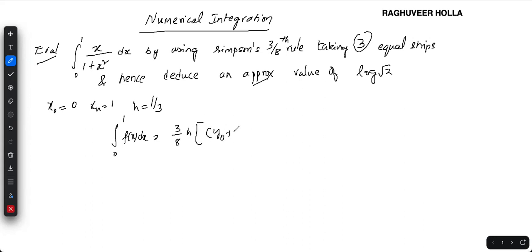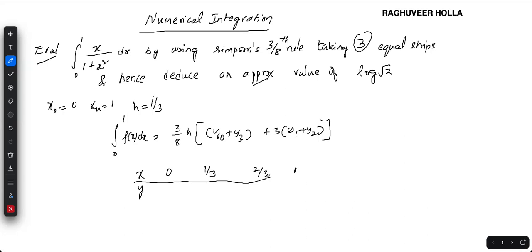So y naught plus y3 plus 3 times y1. Let us find the corresponding x and y here. So this is 0, one third, two third, and 1. Quickly substitute this here.